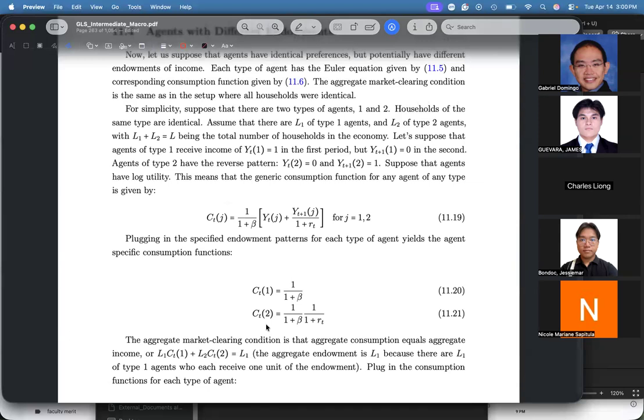Can someone interpret CT1 and CT2? So first, when is this consumption happening? Si CT1 tsaka si CT2. Who is consuming what?